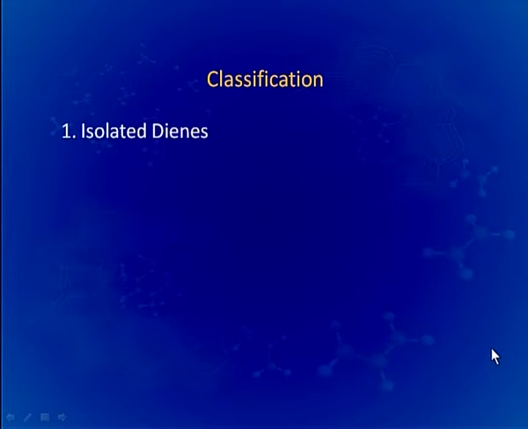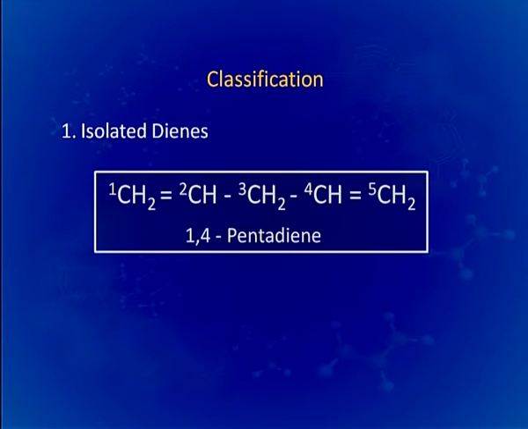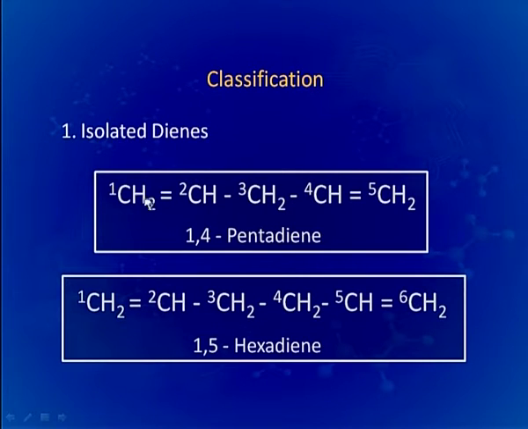Dienes can be classified into 3 important categories. Simplest of those are the isolated dienes. Isolated dienes, as the name suggests, have double bonds separated by at least 2 carbon-carbon single bonds. In another example, double bonds are separated by 3 carbon-carbon single bonds.